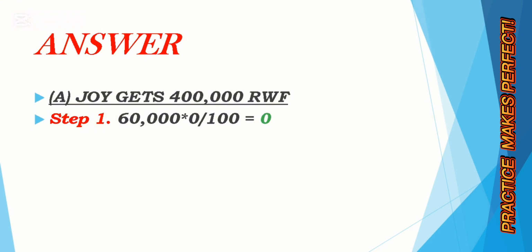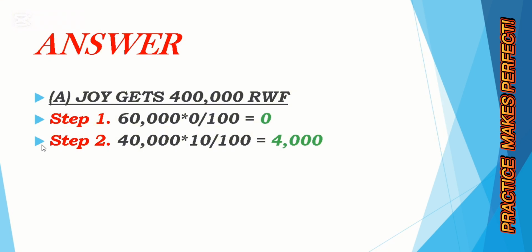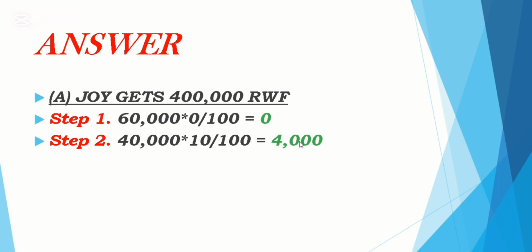That is to say, a taxable income of 40,000 times 10%. Now, step number 2 will be appearing like that. It is 40,000 times 10%, which is 400, which is 4,000. Sorry.